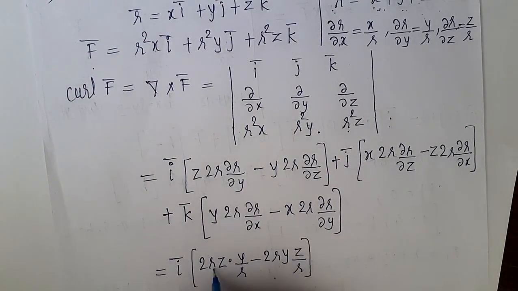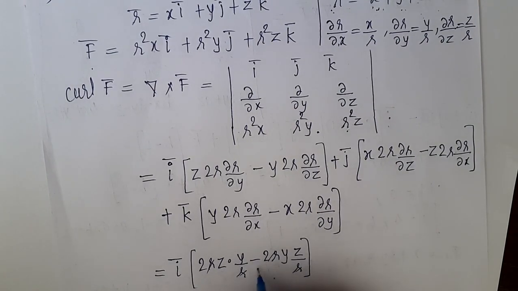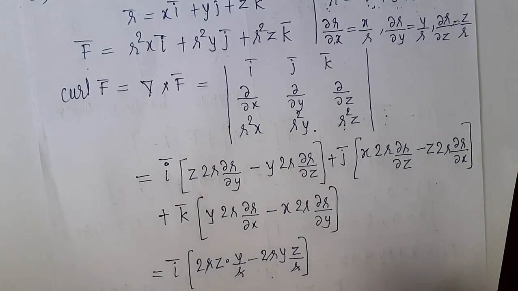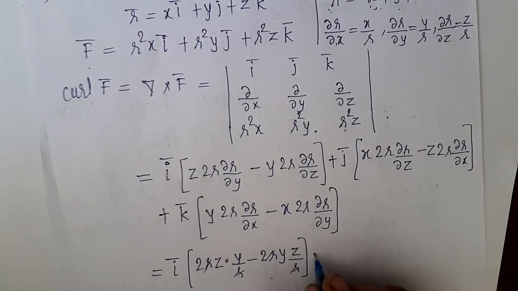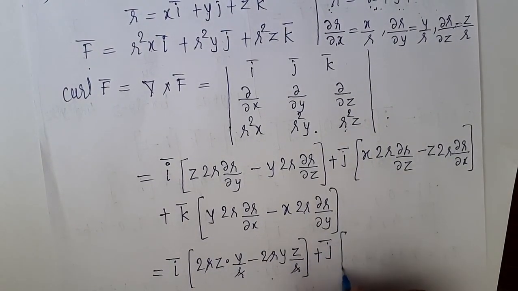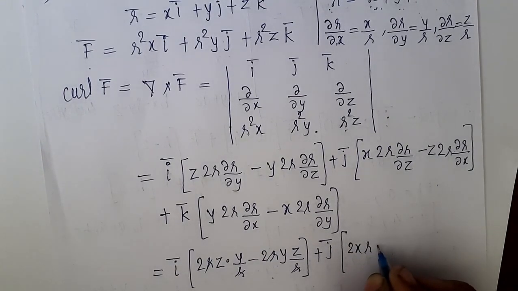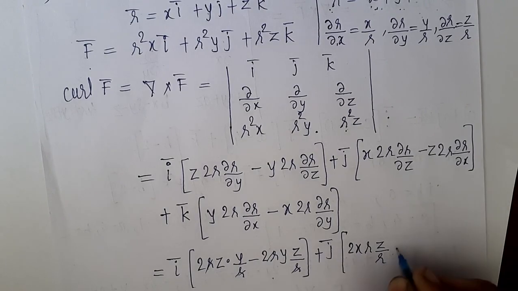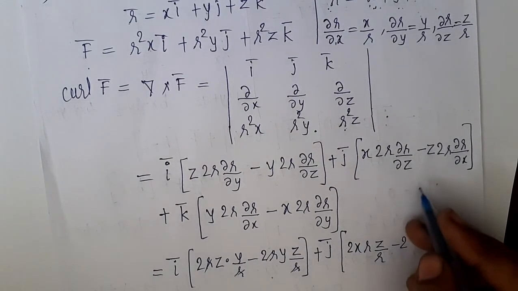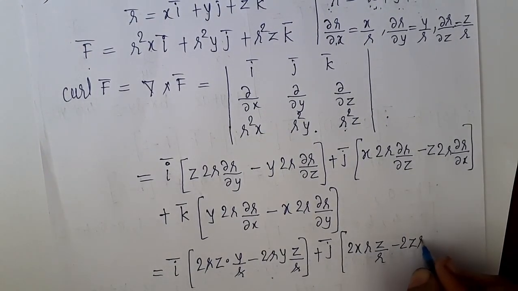Now see, this 2r gets cancelled, here also r gets cancelled, 2yz and 2yz are both the same, so it becomes 0 plus j times 2x r, del r by del z is z by r, minus 2z r, del r by del x is x by r.